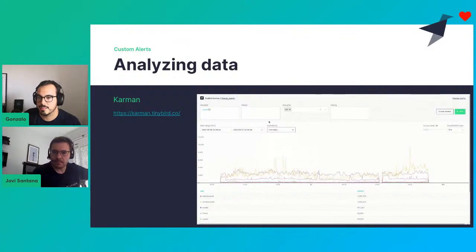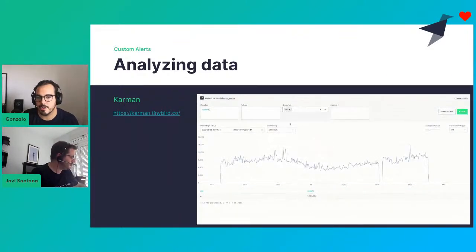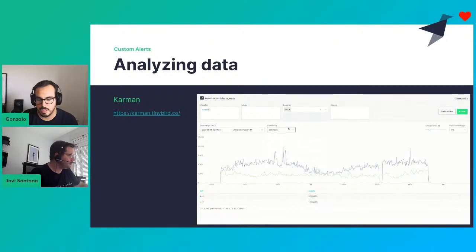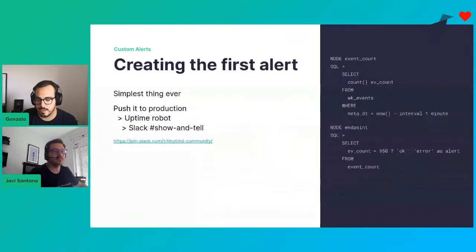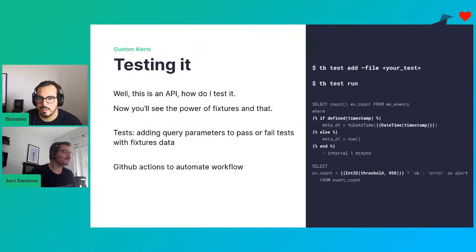We analyzed using Grafana to get the threshold for our alert. We created the alert and pushed it to production using Uptime Robot and Slack. Then, in order to test it, we used our templating language to define some parameters in order to define the test and check if the test would pass or not.